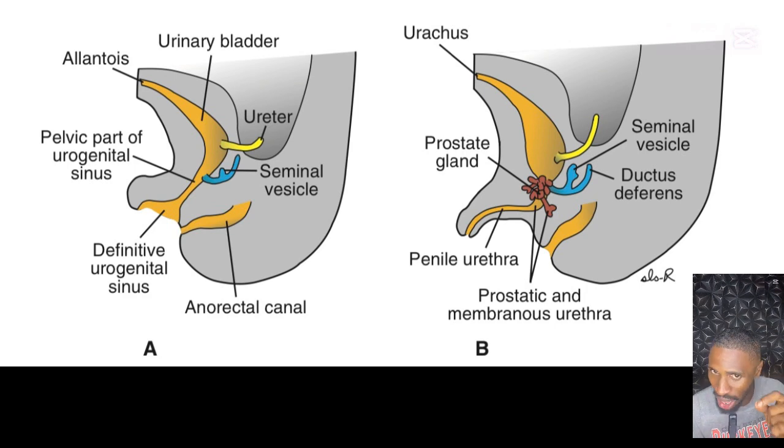The upper part forms the bladder, and the bladder is continuous with the lumen of the allantois. That lumen of the allantois is at first open, but with time it becomes obliterated and forms the urachus.